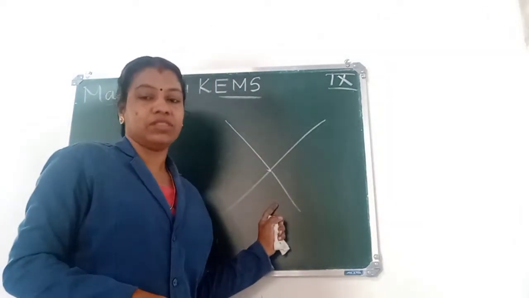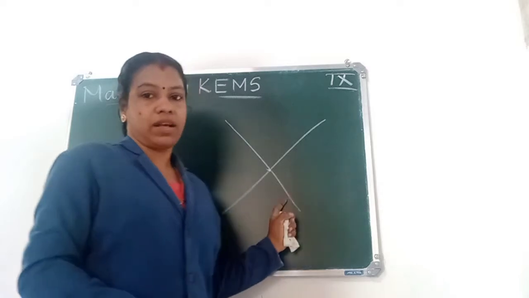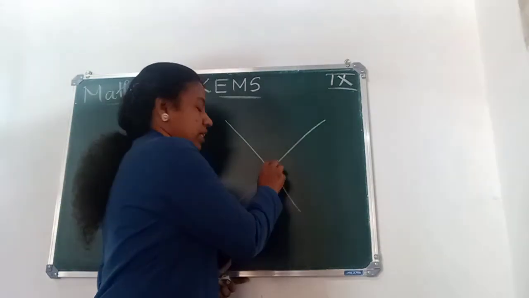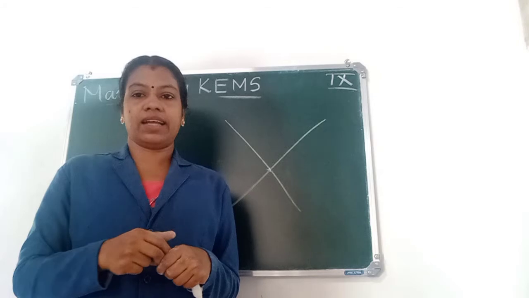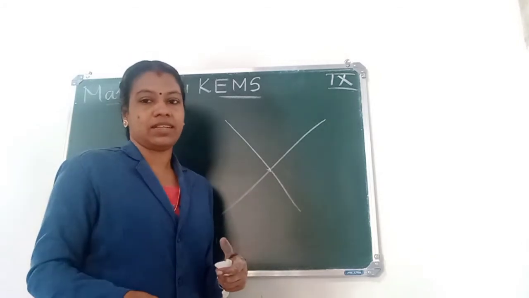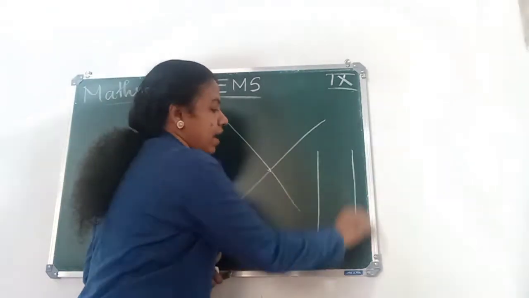Then these lines are called intersecting lines. Otherwise, they are called parallel lines.